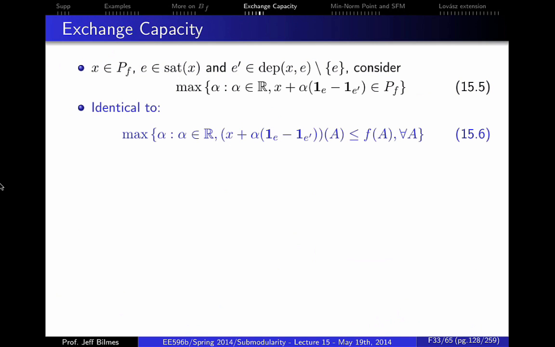So this is identical to essentially saying this. Now, by being inside of the polytope, we basically are saying that we have to satisfy this inequality for all A. Hopefully this is clear to you.